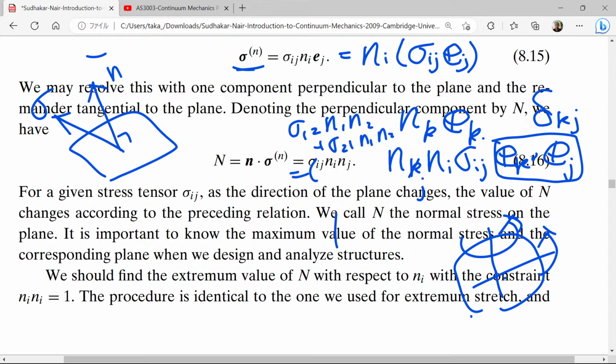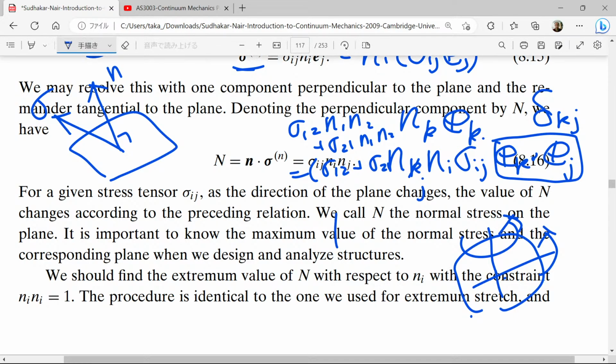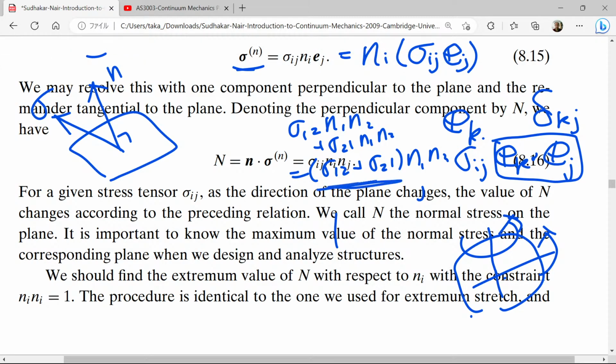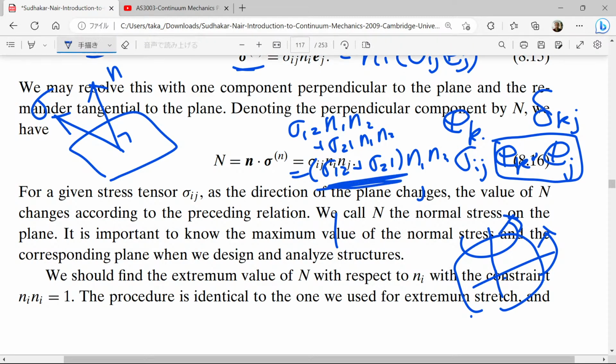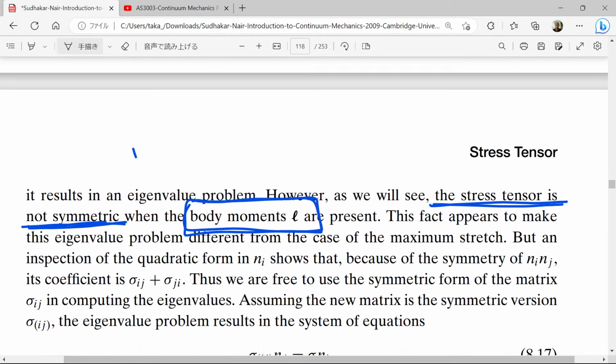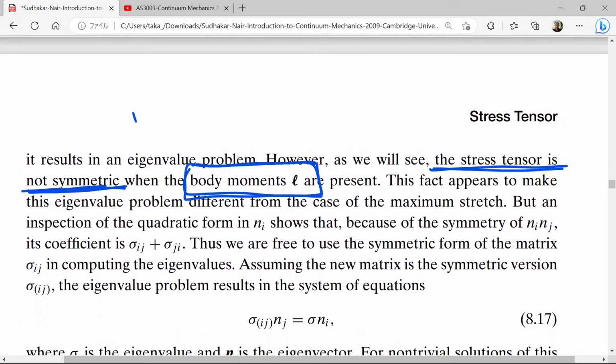So you have sigma 12 plus sigma 21, then n1 n2. You always have this term. Coefficient is sigma ij plus sigma ji.